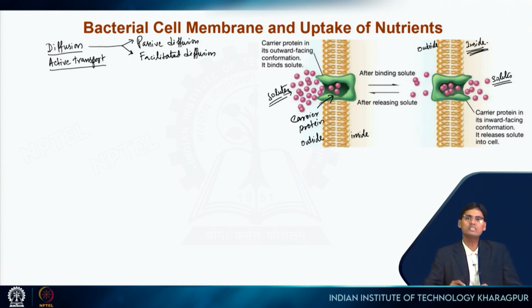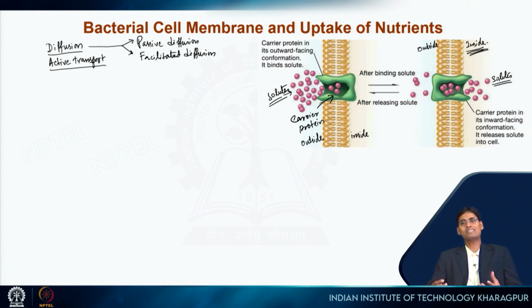Although this is observed in many bacteria, this is not that common, because in natural conditions, bacteria are present in some water or other places where not that much nutrient is available, not a nutrition-rich environment. So it is not always easy to take nutrients from outside to inside through facilitated diffusion.